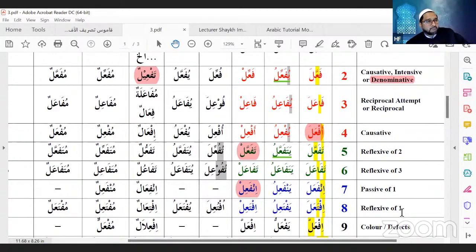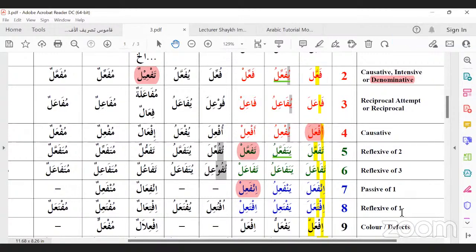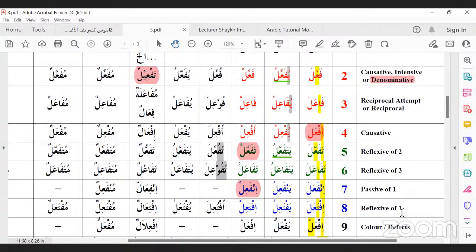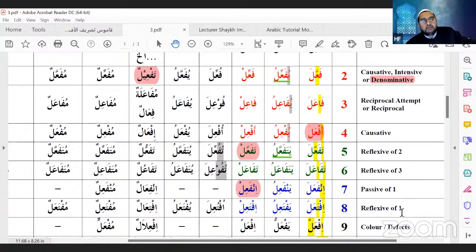I'll explain. I'll give an example. The farmer gathered the sheep. So they gathered. Meaning that the action of the farmer, which he was trying to do, gathering, is now being achieved. That's what reflexive of 1 means.